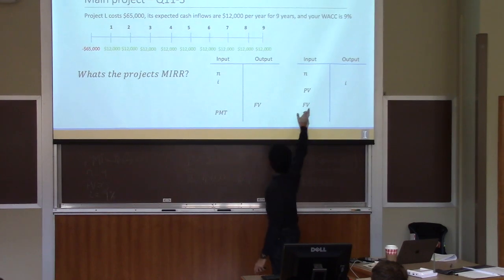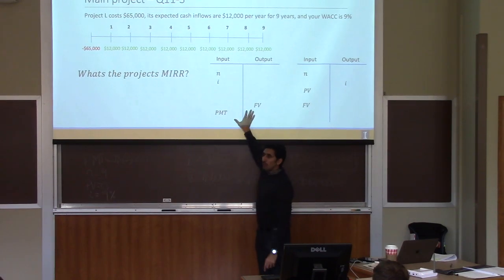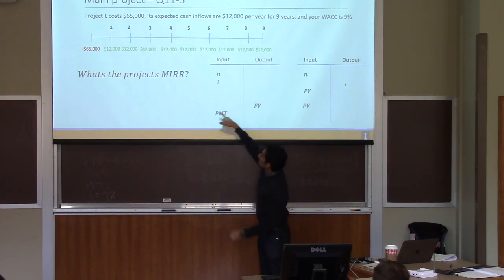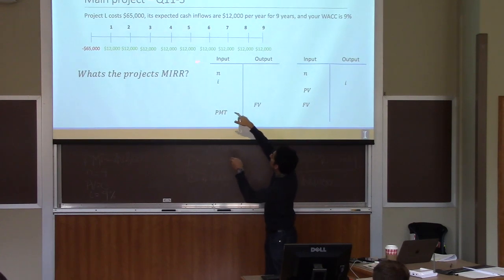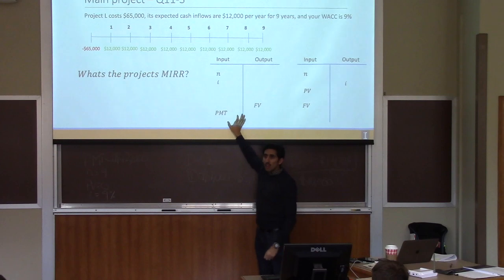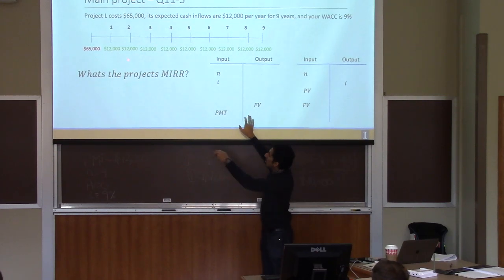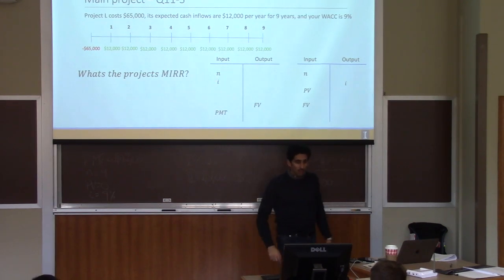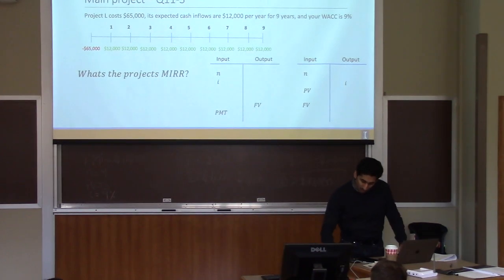And in order to calculate the future value, I'll come up with another framework in order to get the future value of all of these cash flows. I know this is like an annuity, a 9-year annuity. It's a $12,000 payment that I get for 9 years at an interest rate of 9%. Okay? So let's do this in 2 steps.